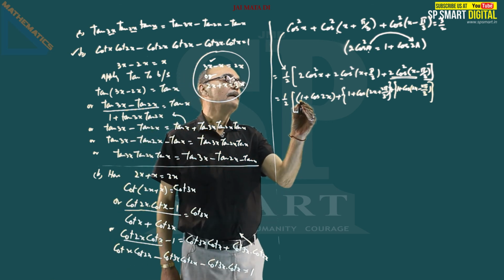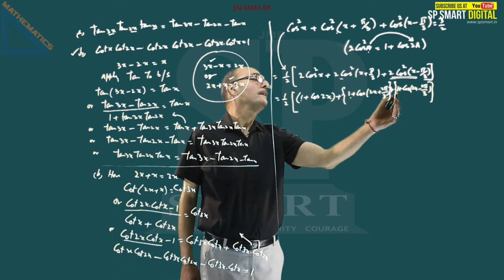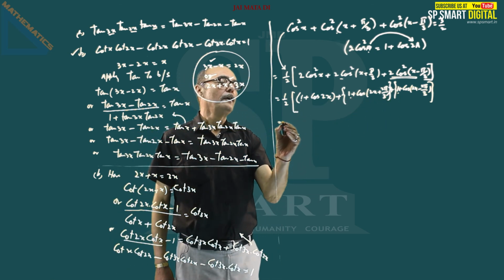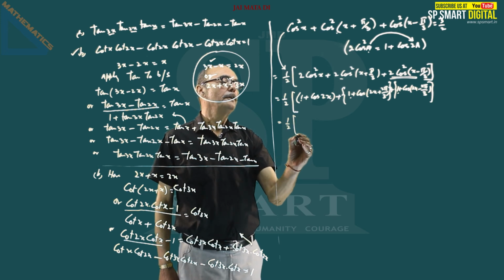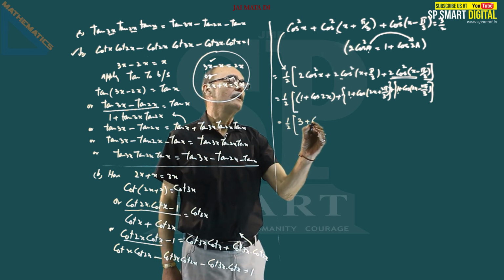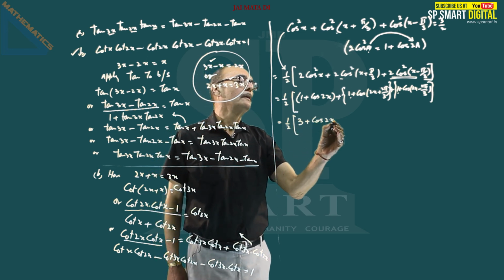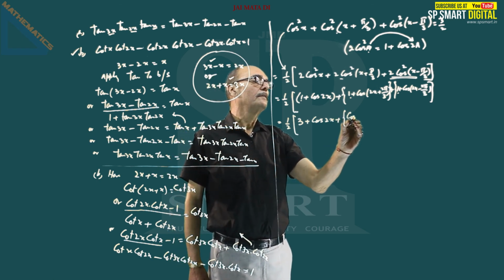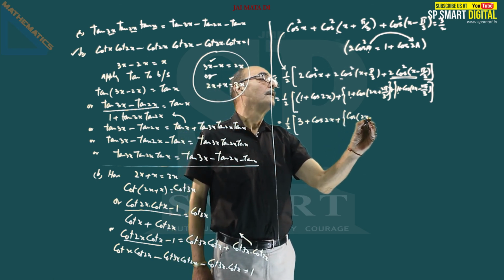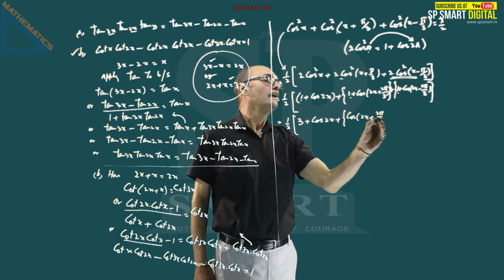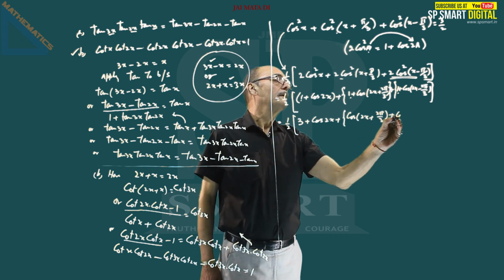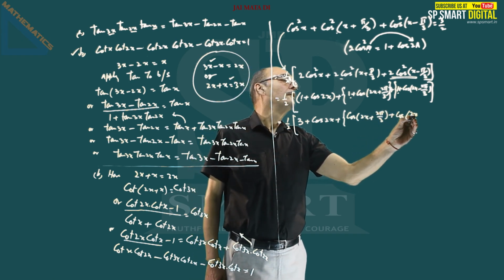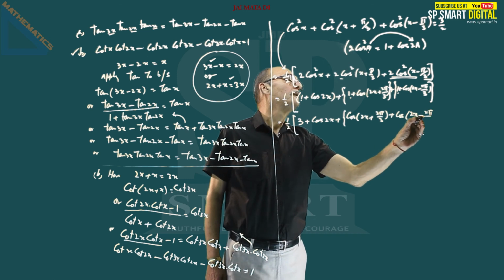This one and this one when added will give you 3 plus cos of 2x plus, within bracket we have cos of 2x plus 2 pi by 3 plus cos of 2x minus 2 pi by 3.